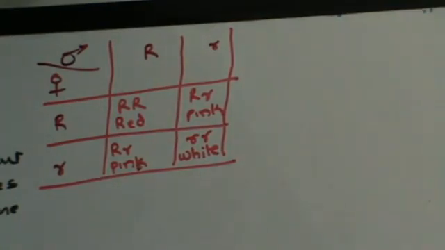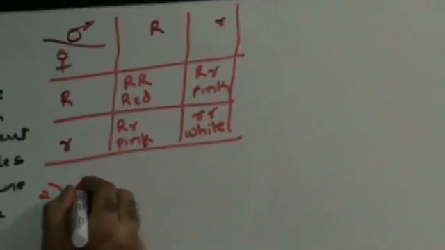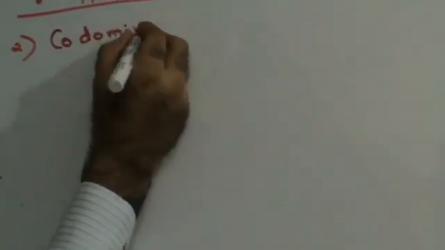Next, let us understand another deviation from Mendel's law, that is codominance. Now what do I understand by codominance? In this, both the characters show themselves in the F1 generation.